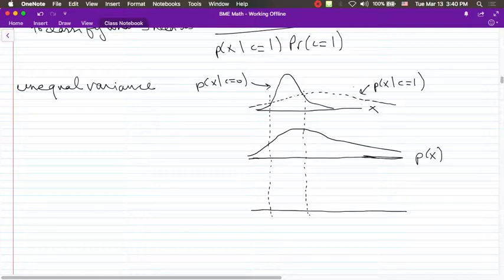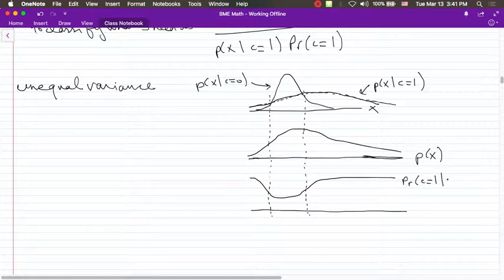So this was class 1, this one here. That's going to look like this. The posterior probability for class 0 is going to look like this.